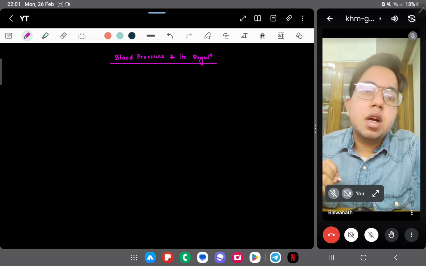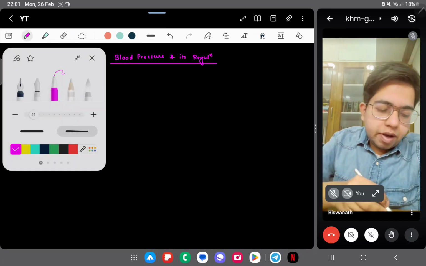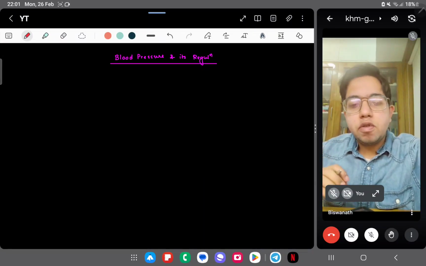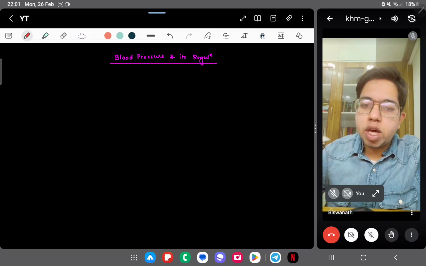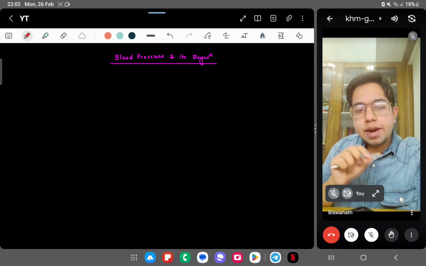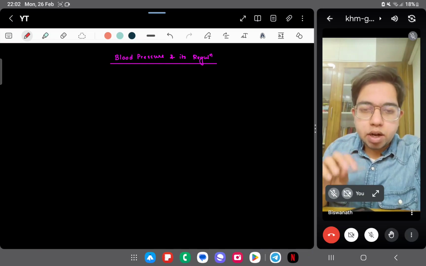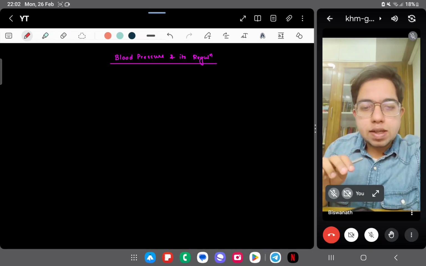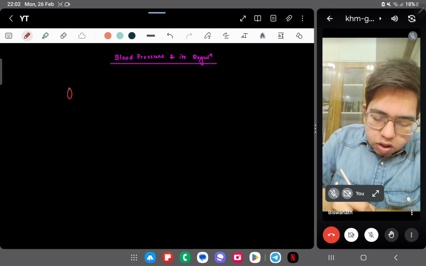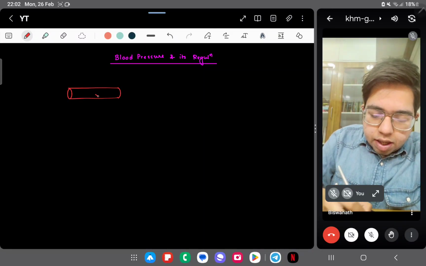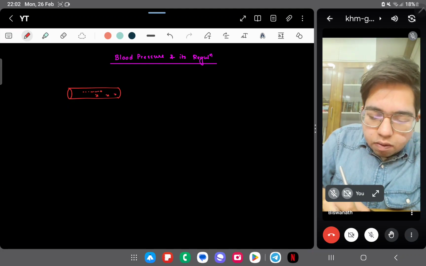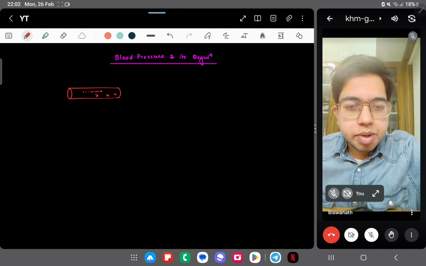Starting with the topic, you must have a basic idea about blood pressure. Blood pressure is the lateral force that is exerted by the flowing column of blood. Like if this is a blood column that is flowing, then the lateral force that is exerted by the blood column on its walls is called your blood pressure.